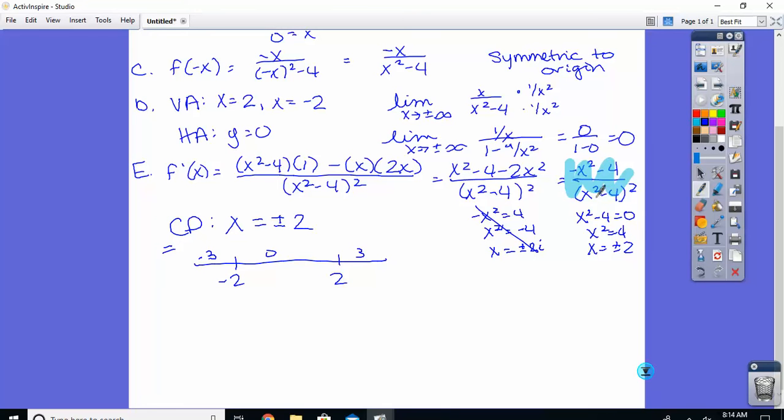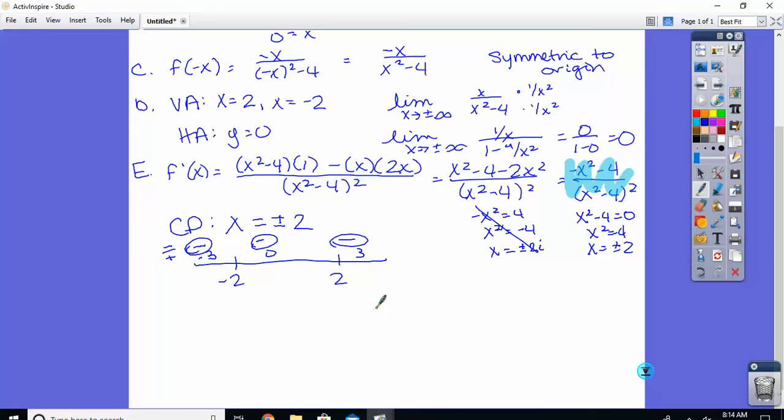On the bottom, we get a positive, so this whole section is negative. If you put in a 0, you get a negative 4 over 16, so that is also negative. If you put in a 3, you get a negative on top and a positive on the bottom, so that is negative. So all of those are negative.